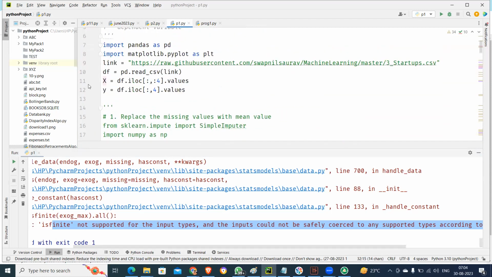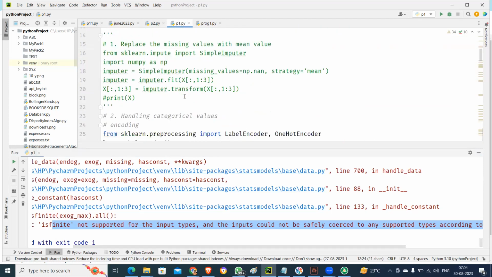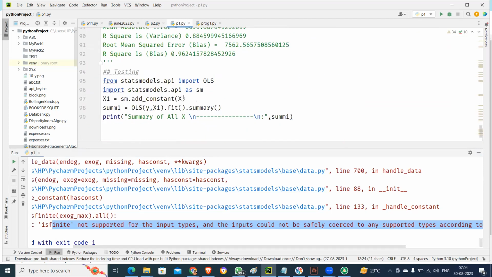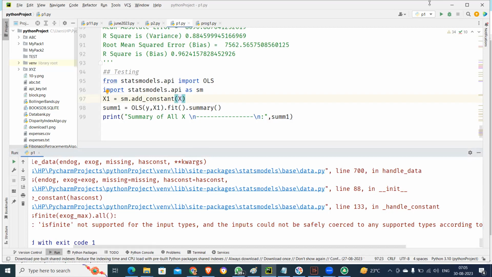Final y we are not touching, right? It's the same. So OLS, statsmodels dot add constant x. Okay, just give me a second.